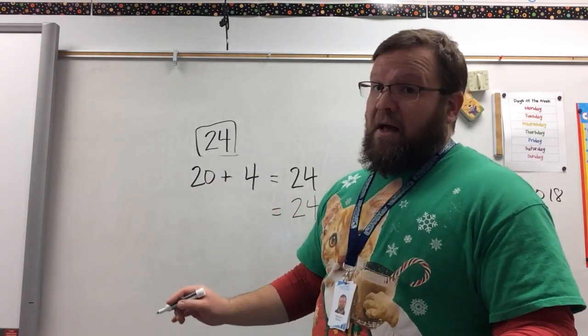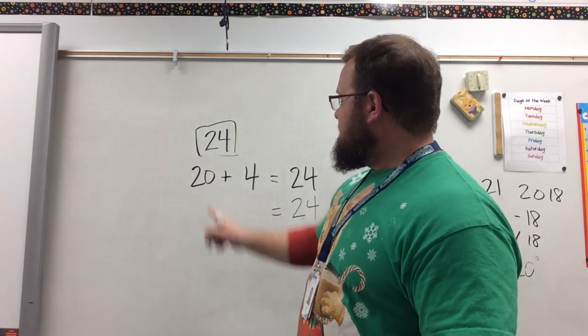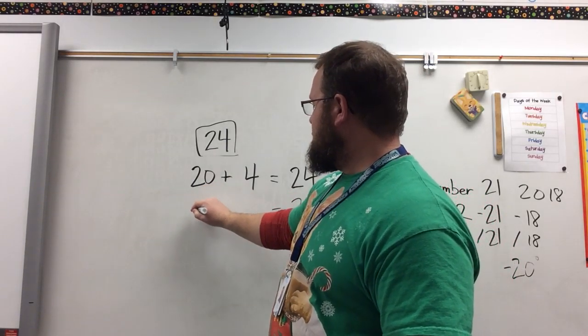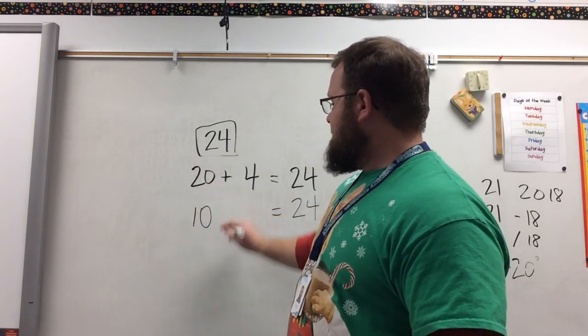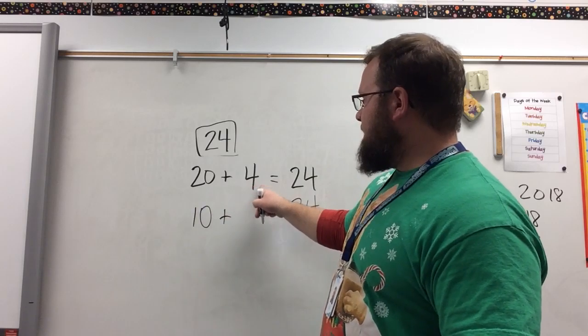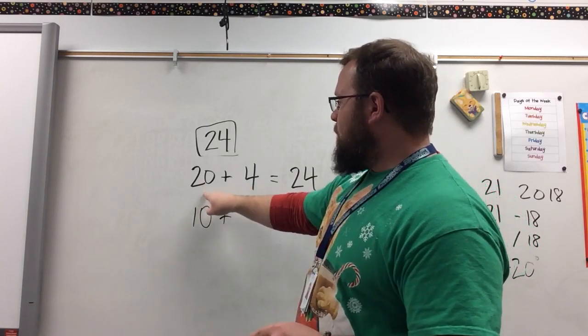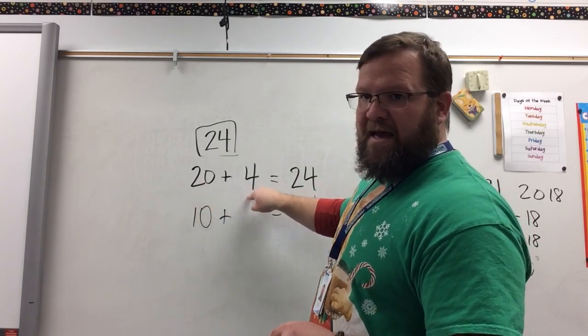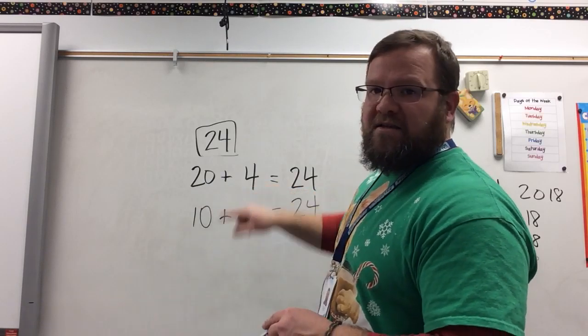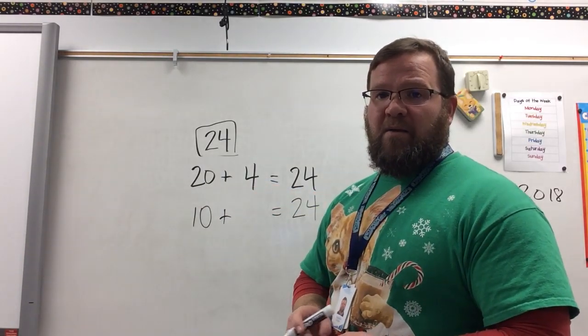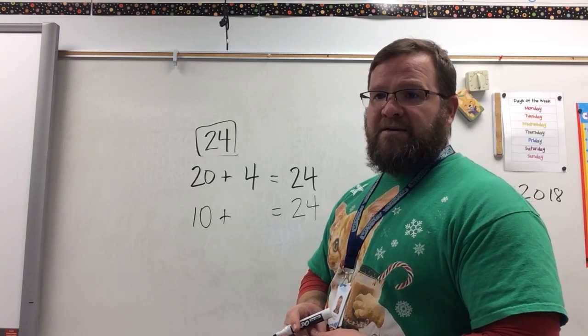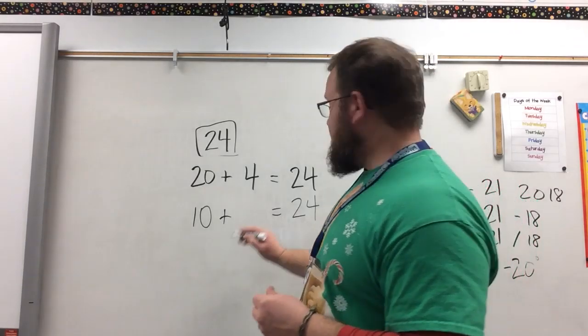So I know I have 2 tens, so I'm going to put 1 ten here. I'm going to add it to my leftovers, but I have to take the one that I borrowed away and add it to that one. So when I add 10 to this number, what do I end up with? 10 and 4 makes, that's right, 14.